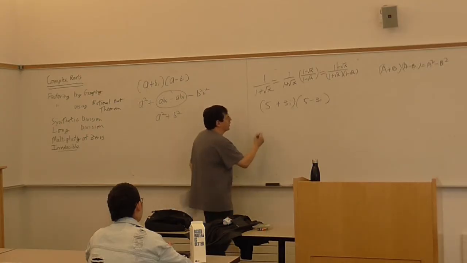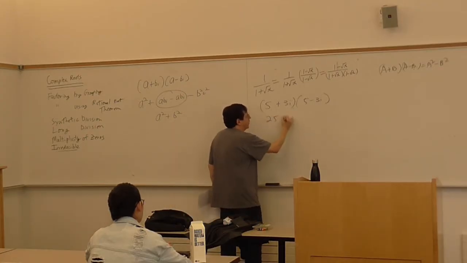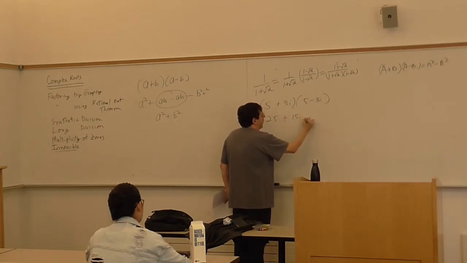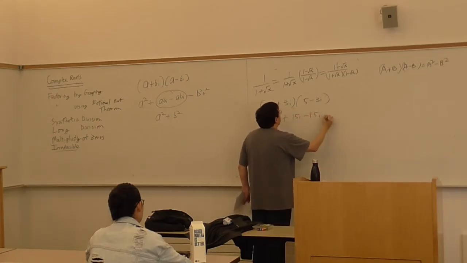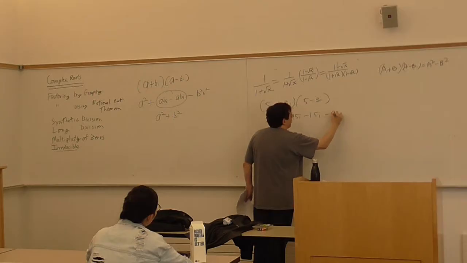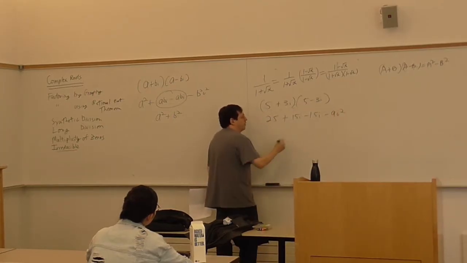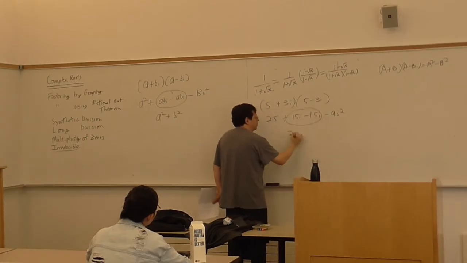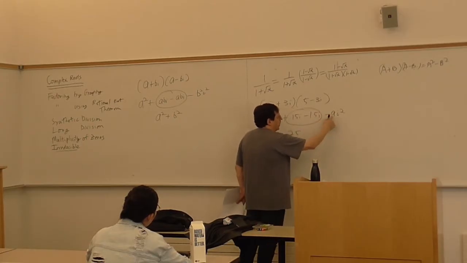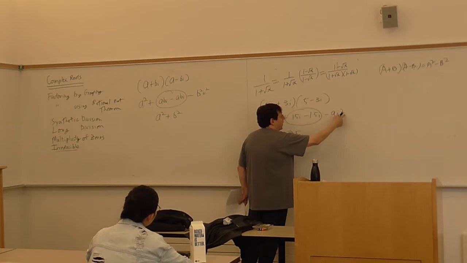Right, I'm going to do all the work. 25 plus 15i minus 15i minus 9i squared. All these cancel. 25 minus 9i squared, the i squared is minus 1, so plus 9, 34.